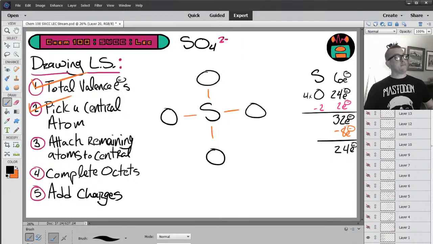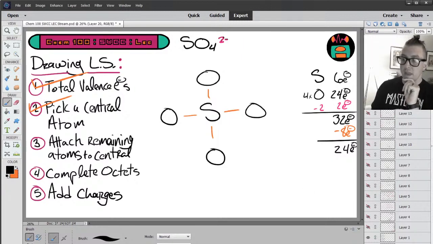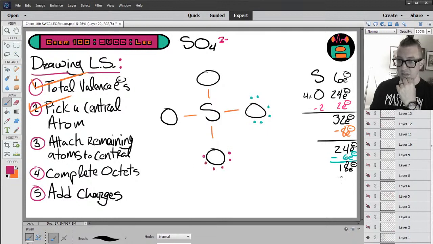Let's just do it one step at a time. Oxygen needs 6 more electrons to complete its octet, so let's give it 3 lone pairs and take 6 out of our budget. That'll leave us with 18. Our next oxygen also needs 6 electrons. We have it, so let's give it 3 lone pairs.